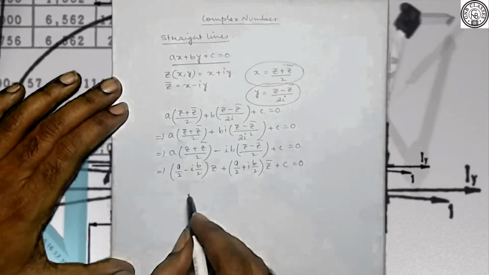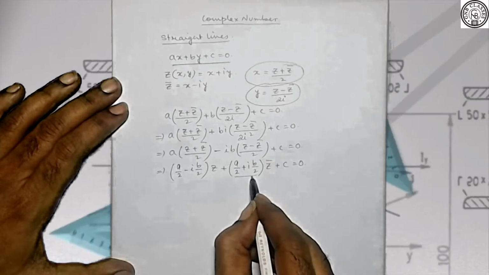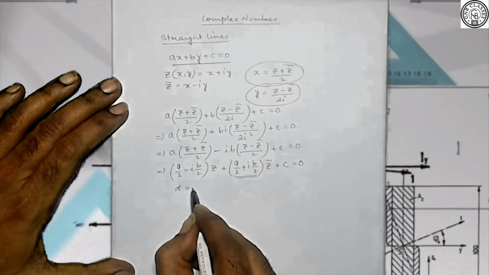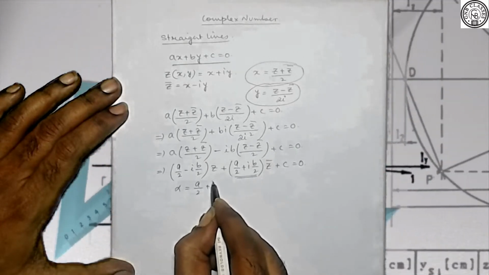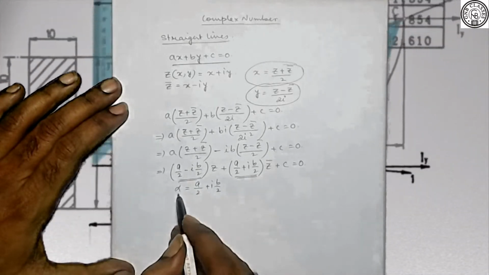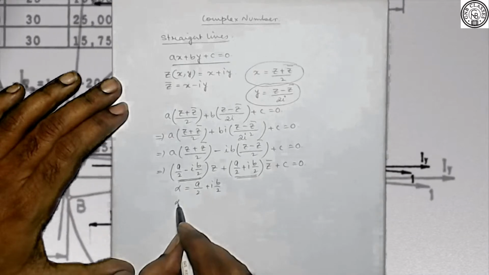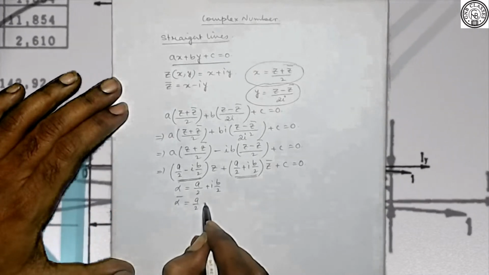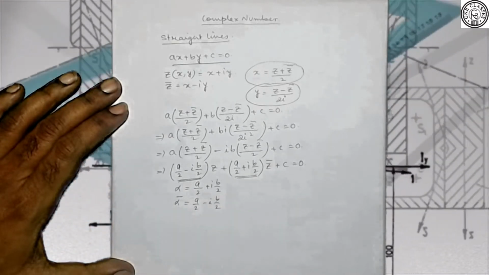Fine. Now let me just denote this complex number with alpha. So this will be the conjugate of this complex number alpha, so this one is nothing but your alpha bar. Is it okay?